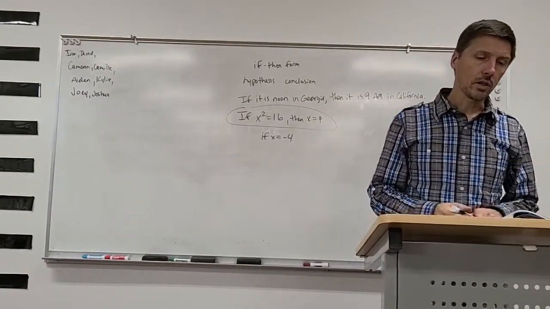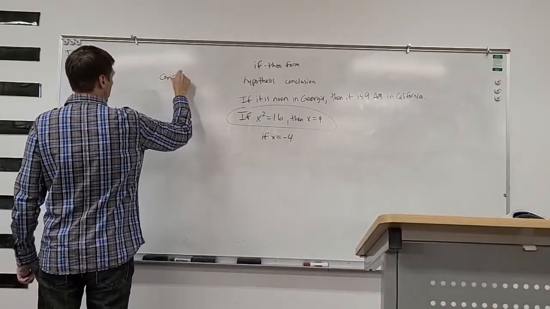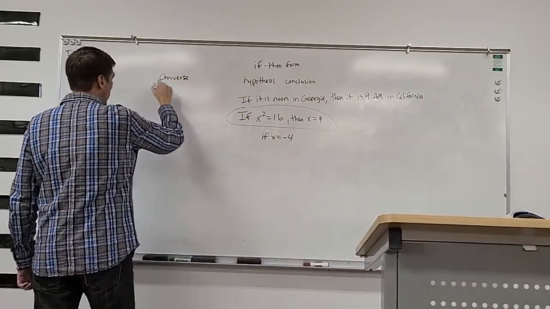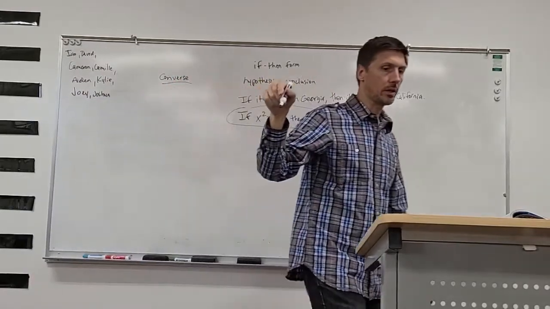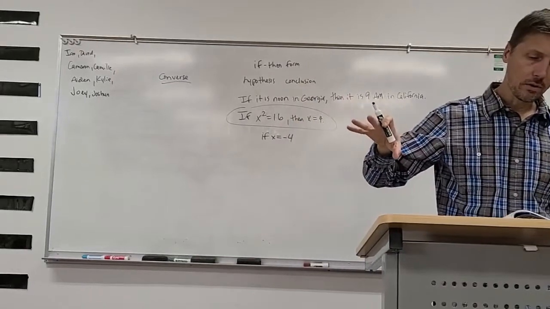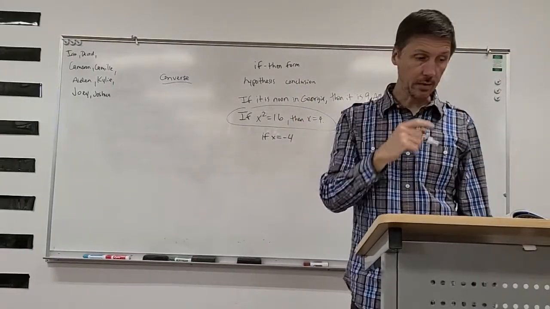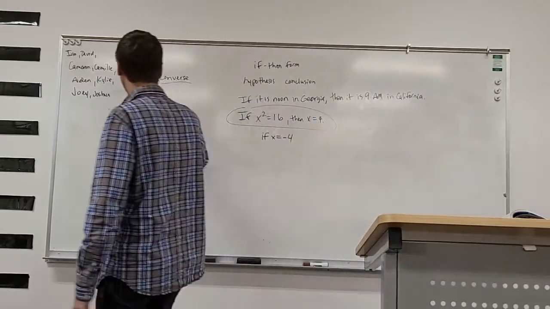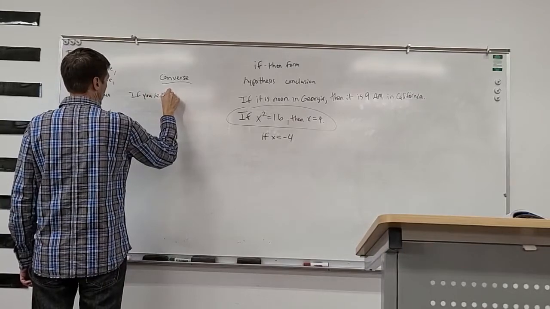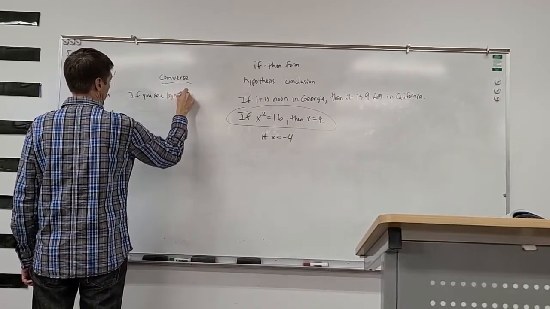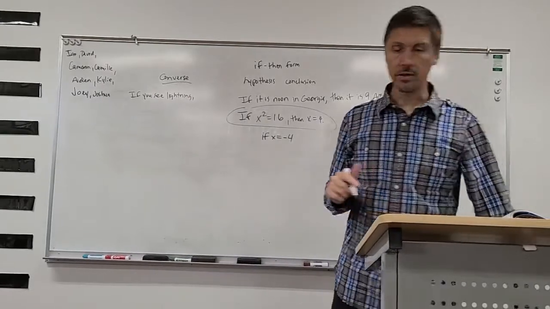All right, so let's talk about the converse of a conditional statement. The converse of a conditional statement is basically what we were doing just a minute ago, where we flip it around and say the same statement in reverse. They give an example in the book. If you see lightning, then you hear thunder.